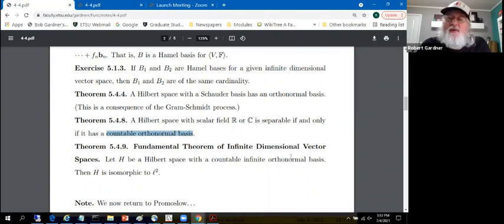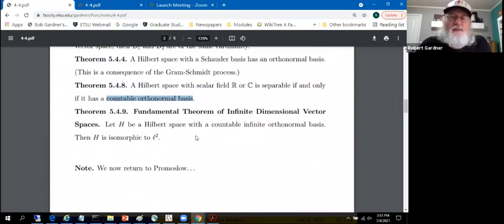The fundamental theorem of infinite dimensional vector spaces says, and this is merely a statement of it, we'll go through it in great detail in the supplements: let H be a Hilbert space with a countably infinite orthonormal basis. Okay, I need to be a little more clear. Here, we're talking about a basis in the sense of Schauder. That is, we're allowing infinite linear combinations here. That's not immediate from the statement, but it's laid out in that context in the supplement.